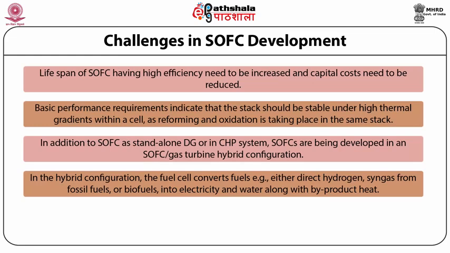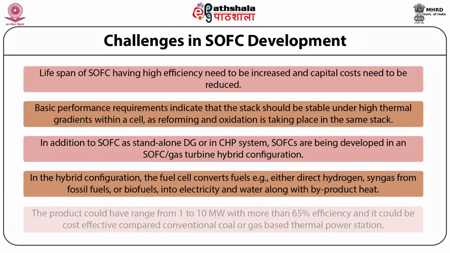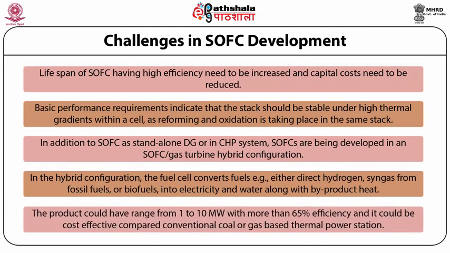The residual fuel from the fuel cell is then burned by a gas turbine for additional electricity production. The product could range from 1 to 10 megawatt with more than 65% efficiency, and it could be cost effective compared to conventional coal and gas based thermal power stations.